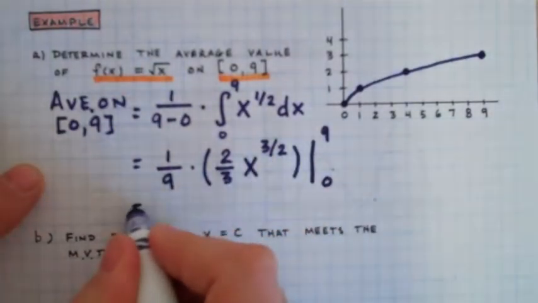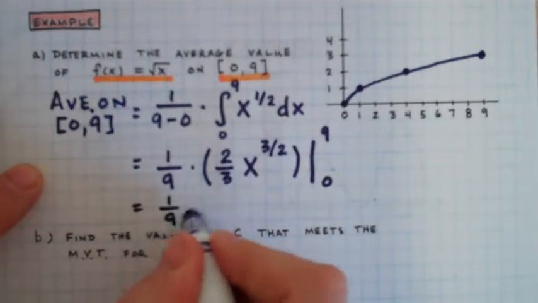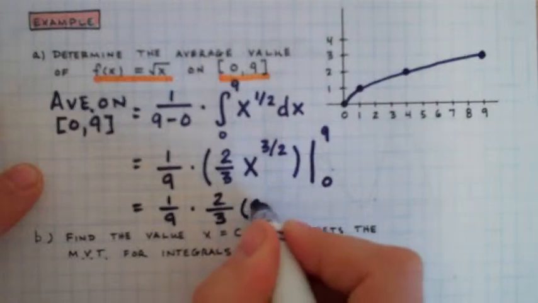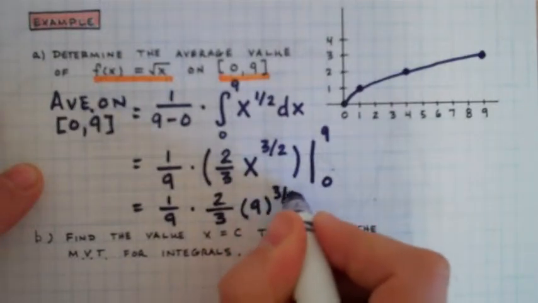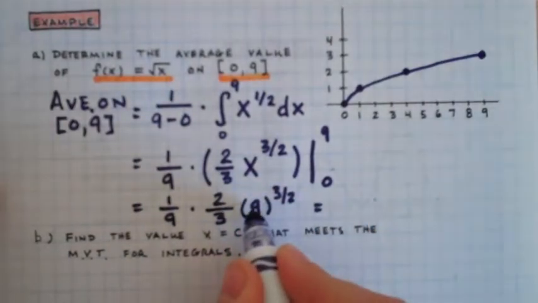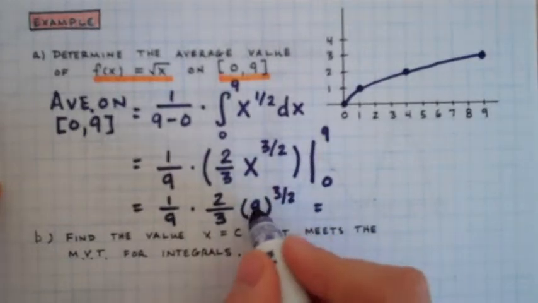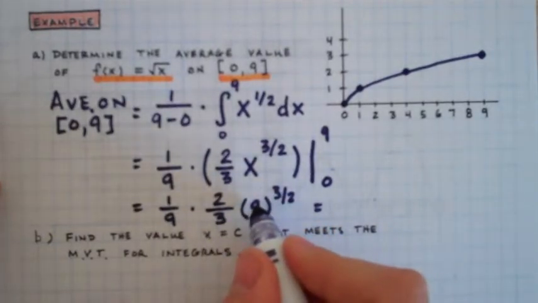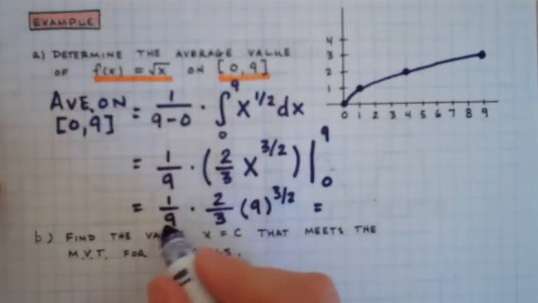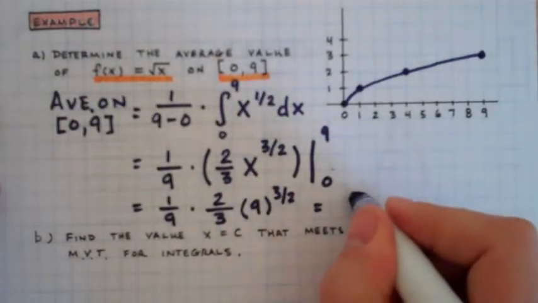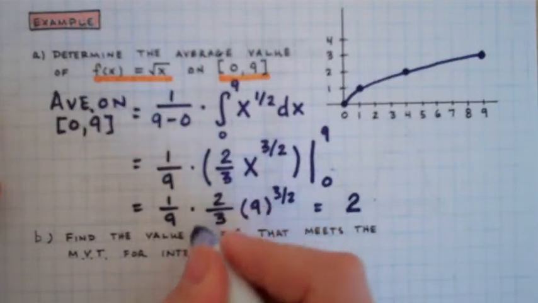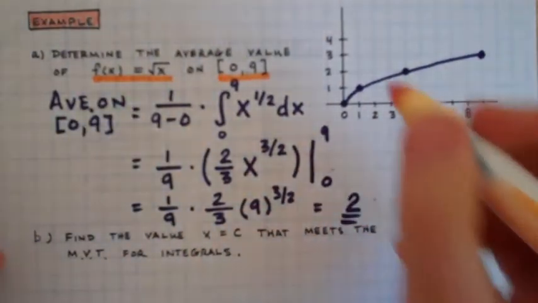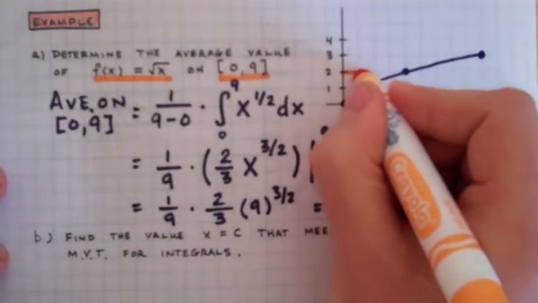Plug the 9 in, we get 1/9 times 2/3, 9 to the 3/2. 9 to the 1/2 power is 3, so this is 3 cubed. Cancel that with the 3, you get 3 squared, which cancels with the 9 right here. You're left with that 2. So our answer is 2, is the average value of the function.